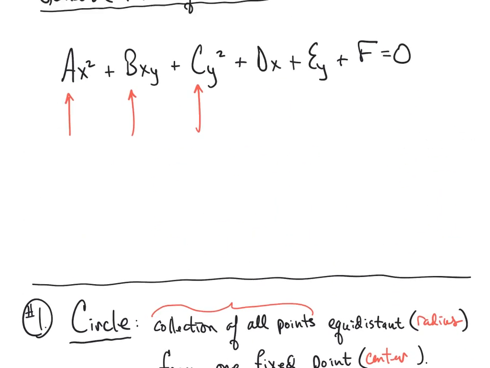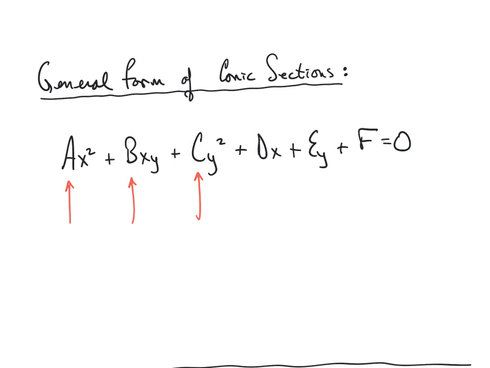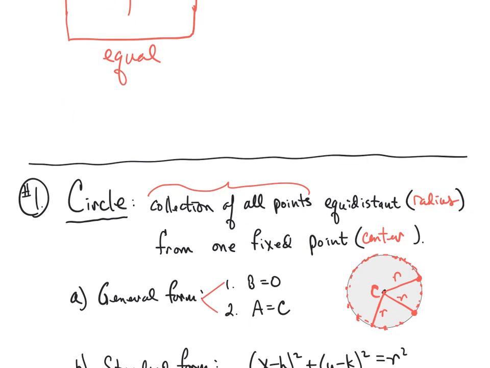So again, if I back up, if b is equal to 0, so we're not going to have an xy term. And then if the a and the c are equal to each other, whatever number's in front of the x squared is equal to whatever number's in front of the y squared. If those two are equal to each other, then we have a circle.